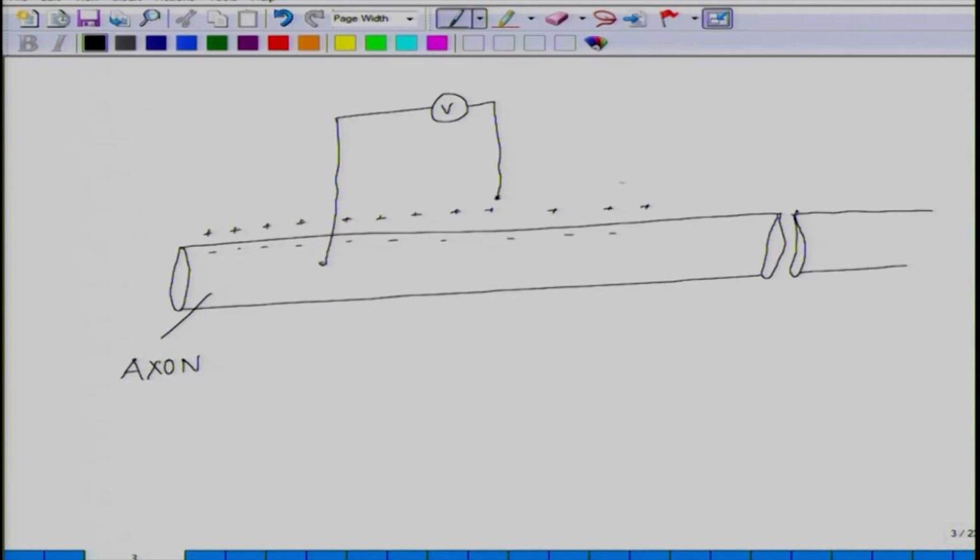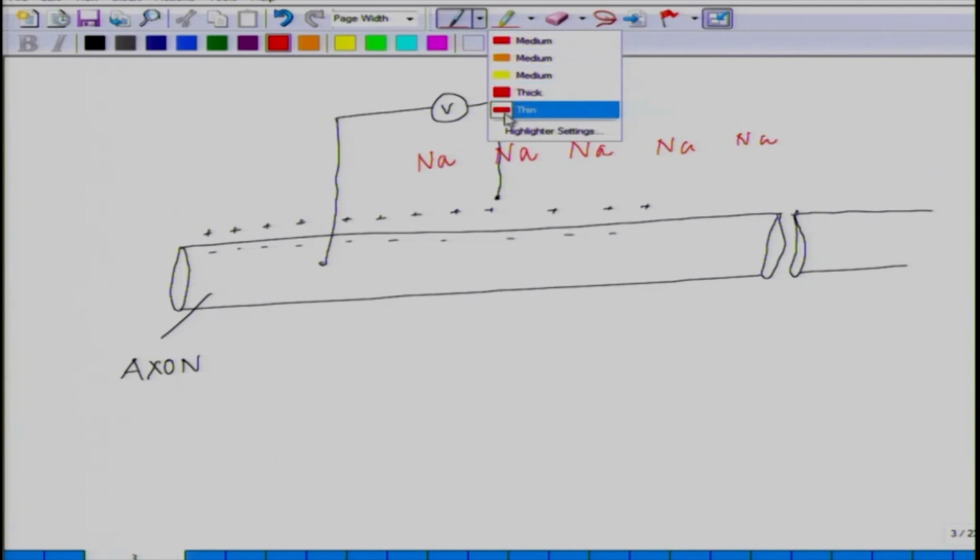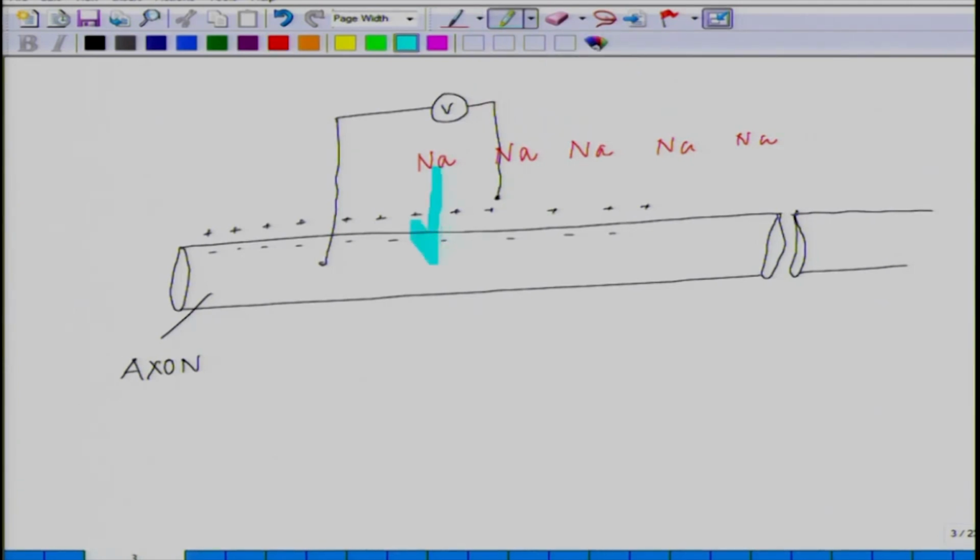So, initially, if this is the situation, let me show it using the different kinds of ions which are present. Your sodium is fairly higher outside. So, the first event which takes place is this one: there is an influx of sodium inside like this.